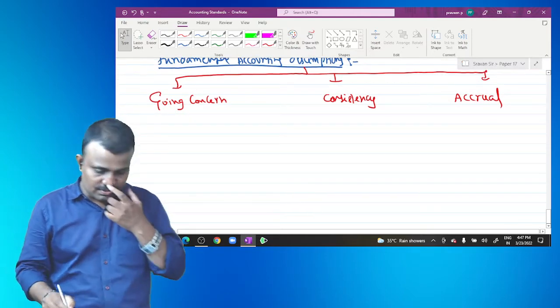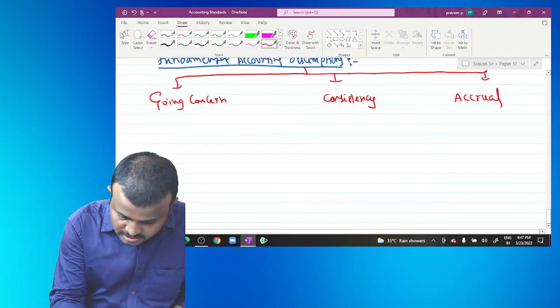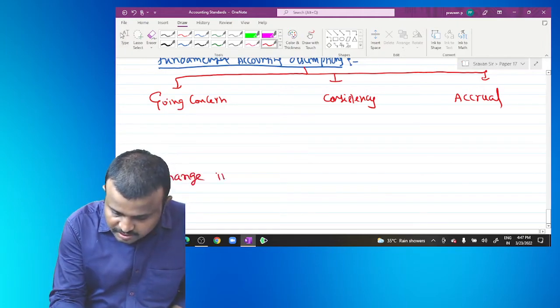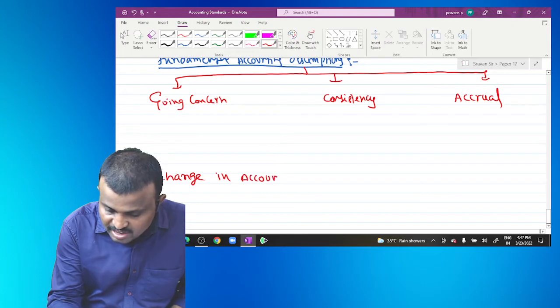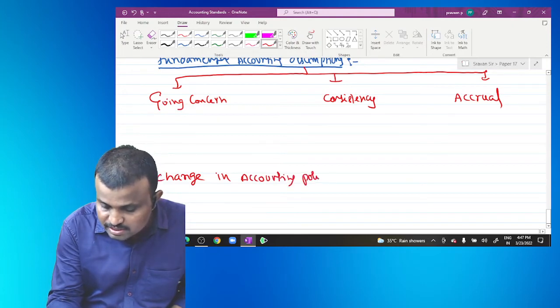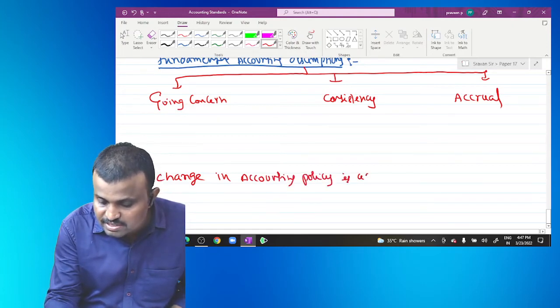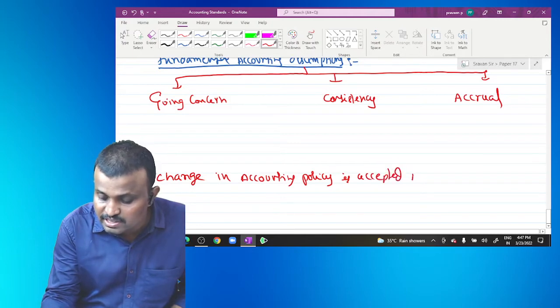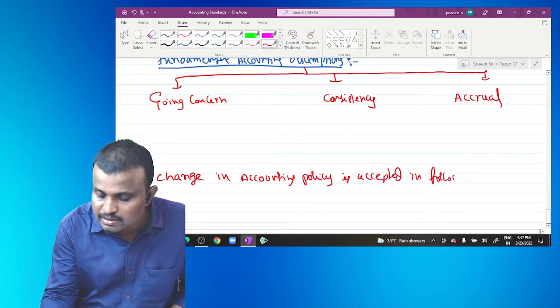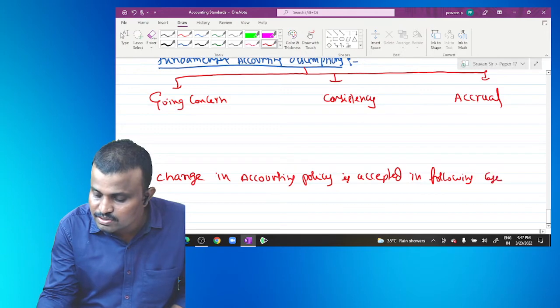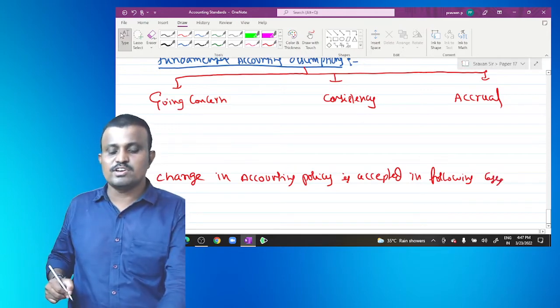So changes in accounting policy are accepted in the following cases.